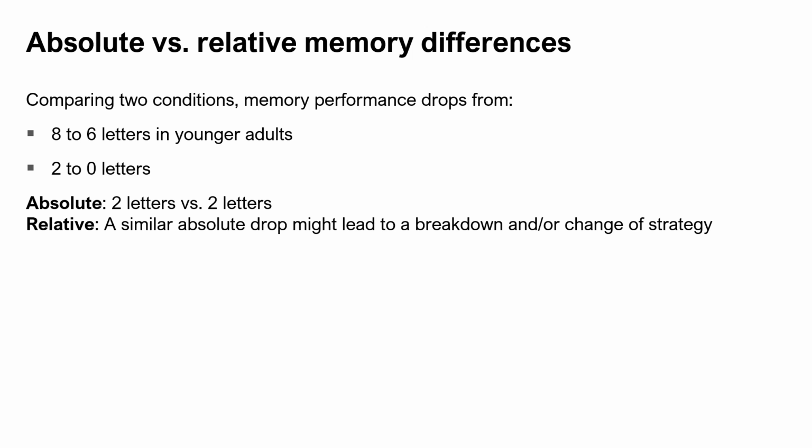And this type of change might also lead to a change of strategy, because there's a big difference between remembering something and remembering absolutely nothing. So both absolute and proportional changes can be important to think about, especially when you're comparing two different groups where the baseline isn't equivalent.